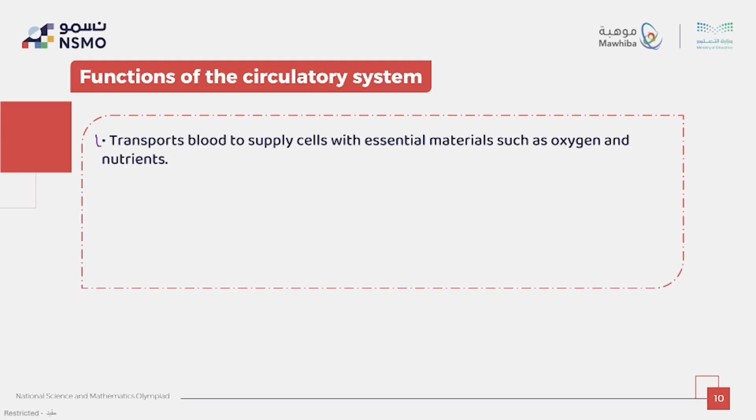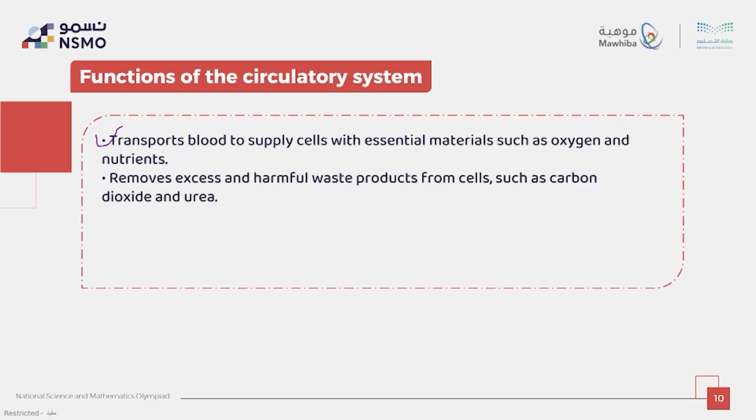The second one is removing excess and harmful waste. Waste products are collected by the blood and eliminated through organs like the lungs, carbon dioxide, and kidneys, like urea.